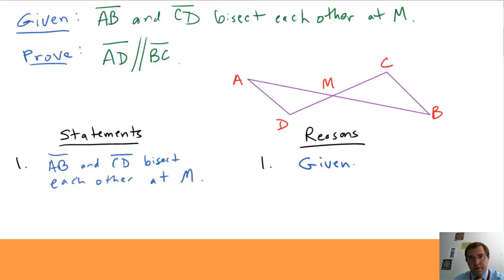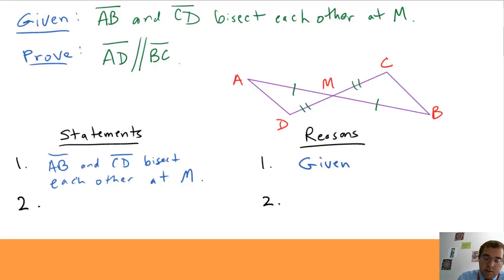So I know that if two things bisect each other, by the definition of a bisector, that means it cuts them into two congruent pieces. So that's what I'll state next, is what congruent pieces I have. Well, if AB and CD bisect each other, then AM and MB have to be congruent, and DM and MC have to be congruent.